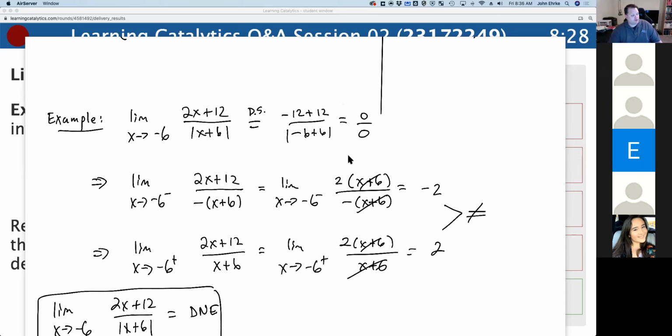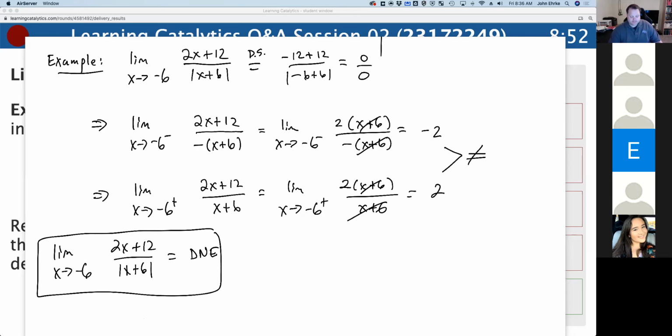But if the direct substitution does not give you a credible answer, then you have to treat it like a piecewise function example where you look at the limit from the left and the limit from the right and compare them. Remember, if you're to the left of the point, you add a negative to what's inside the absolute value. And if you're to the right of the point, then you just drop the absolute value signs and leave it positive.